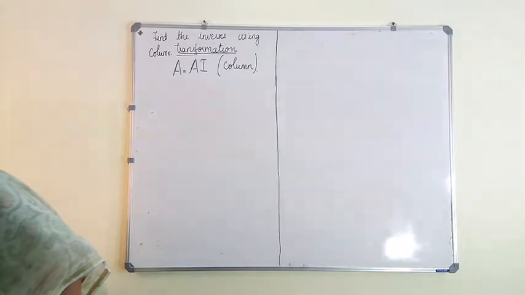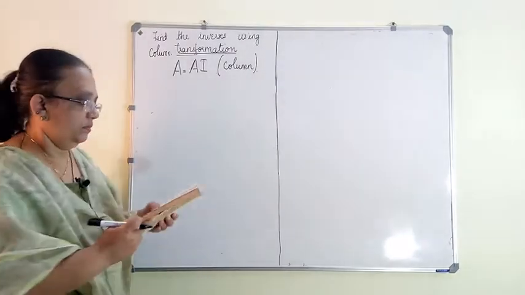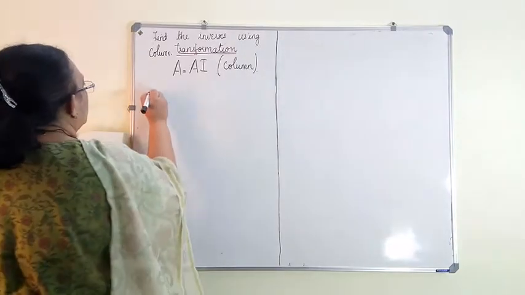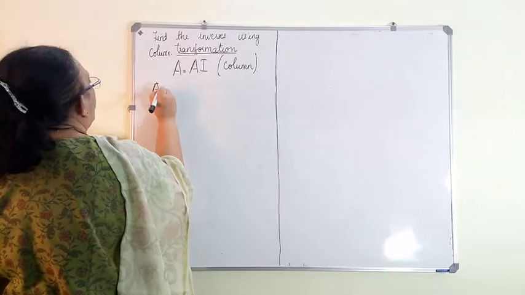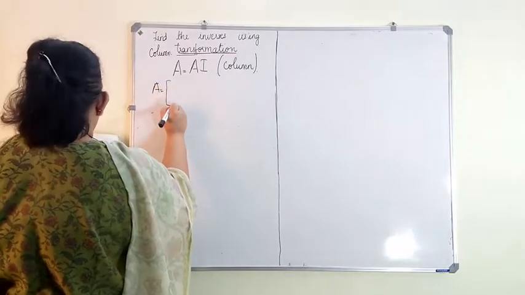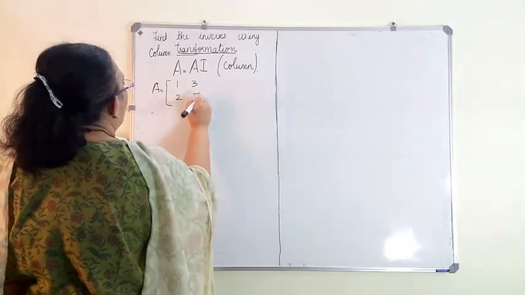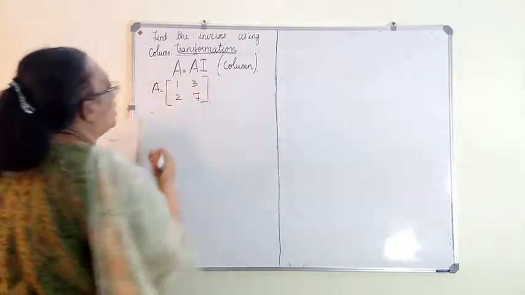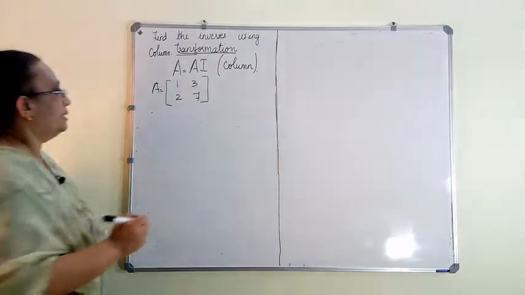We will take a question. A is equal to matrix 1, 3, 2, 7. Using column transformation, you have to get the inverse of the matrix.